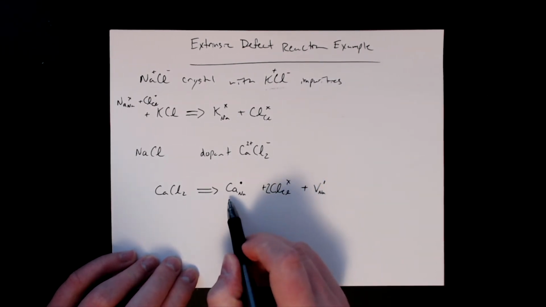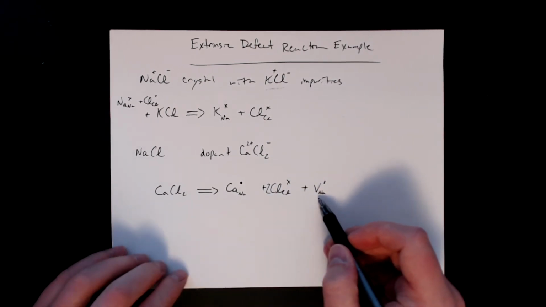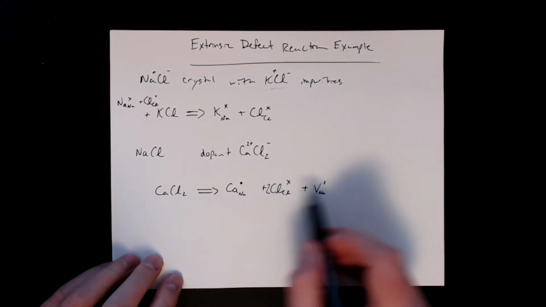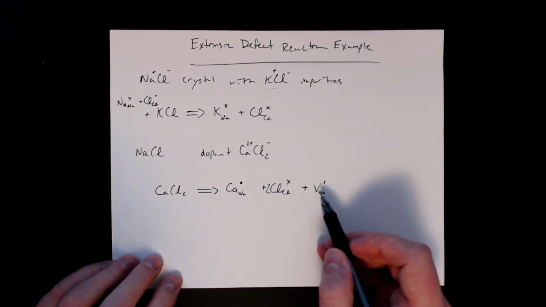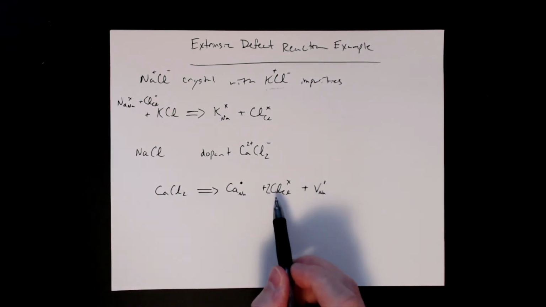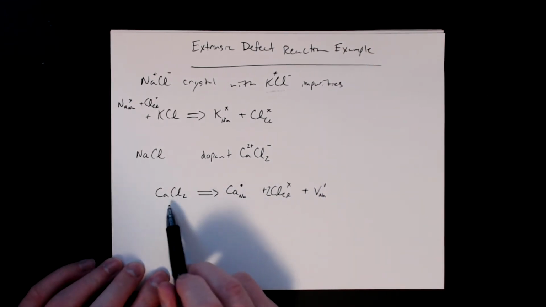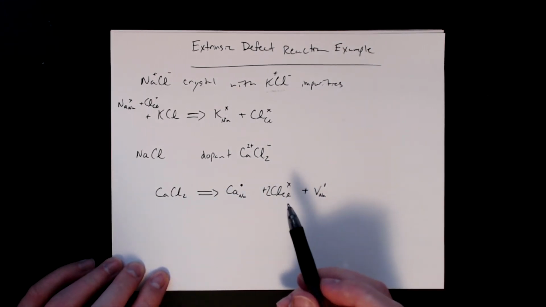So effectively, the calcium's taking one site and also leaving behind another vacancy, and the charge now balances. So in this case, that's how we're balancing it. We have the additional cation balances two sites here, and then also creates a vacancy for this, right? So this is if cation replaces cation, anion replaces anion.